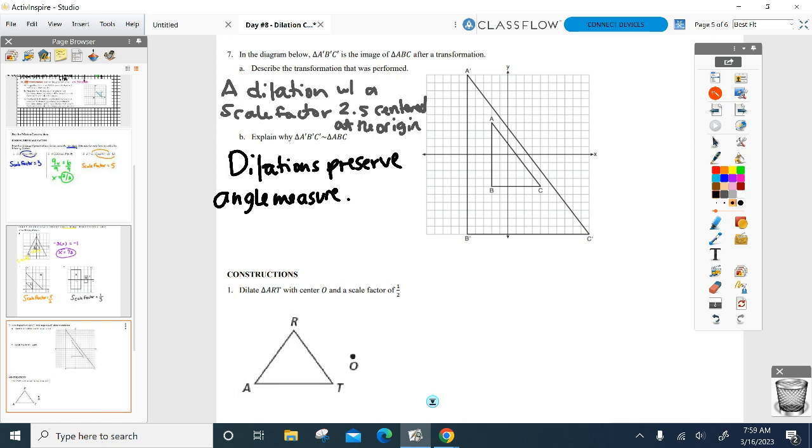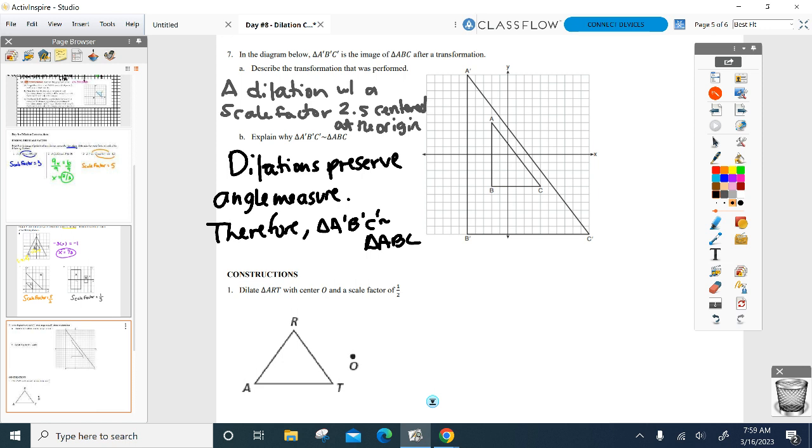What are we putting? Therefore, triangle A prime, B prime, C prime is similar to triangle ABC. Okay? Because remember, for two triangles to be similar, we just need their angles to be congruent.